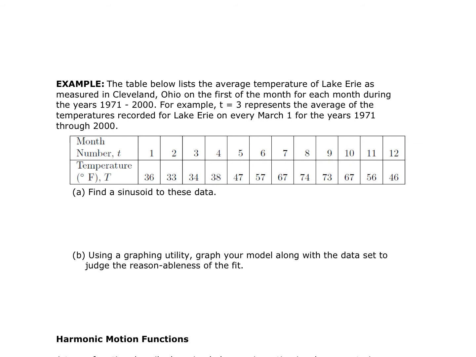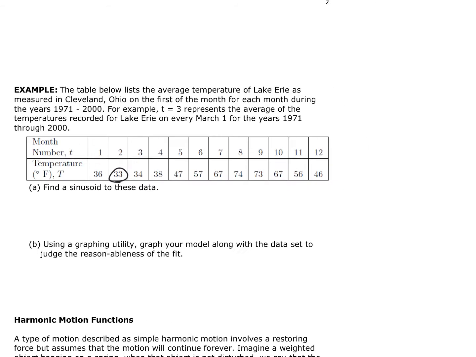So this is periodic because the assumption is that your temperatures, when we don't mess with nature, will be periodic. If the coldest temperature is usually in February, we would expect it always to be in February. So I'm going to look to see where I see my lowest temperature. My lowest temperature looks like it's 33, and it looks like it's in the second month.